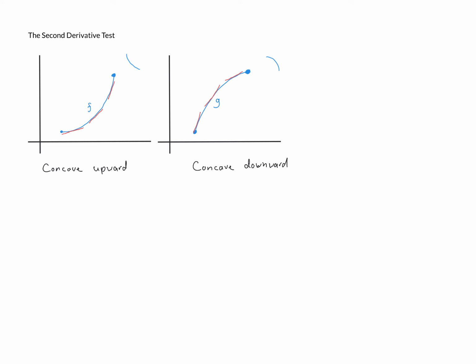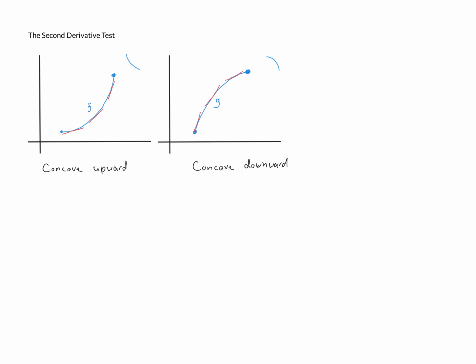And because it doesn't matter if it's increasing or decreasing, this doesn't have anything to do with whether the slope is positive or negative, or whether the derivative is positive or negative. In both of these situations that we looked at, the slopes of the tangent lines were positive, which meant the derivatives were positive. What this has to do with is actually how the slope is changing.